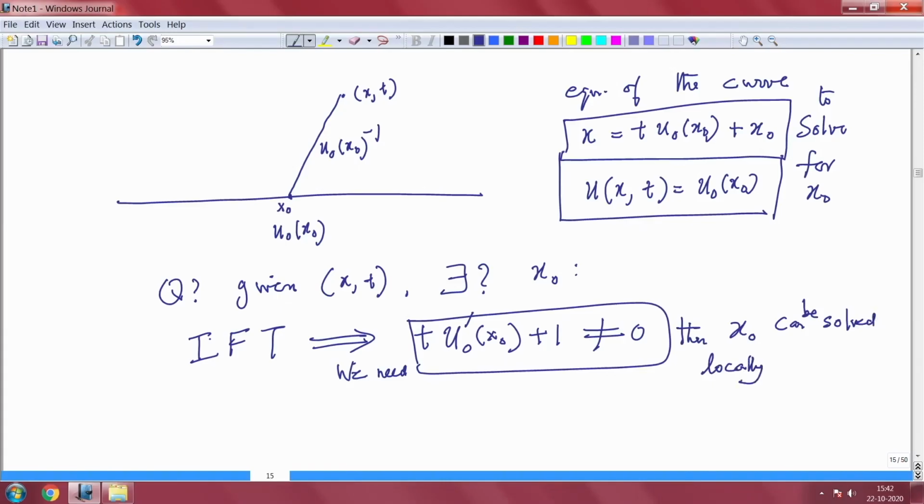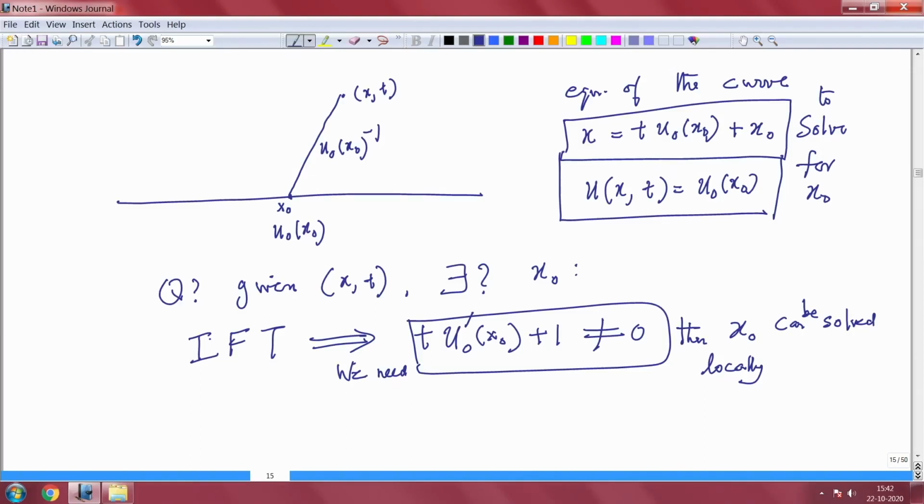Once you solve it, given (x, t), you have an x naught which gives a characteristic. Since the characteristic is a straight line, you connect (x, t) and x naught, and that should be your characteristic, and along that characteristic the value of u(x, t) is equal to u naught of x naught. So, if t u naught prime of x naught plus 1 is not equal to 0, then you have a unique solution.